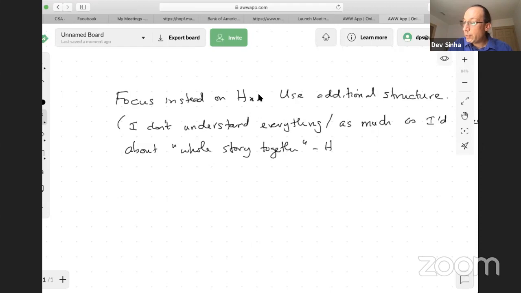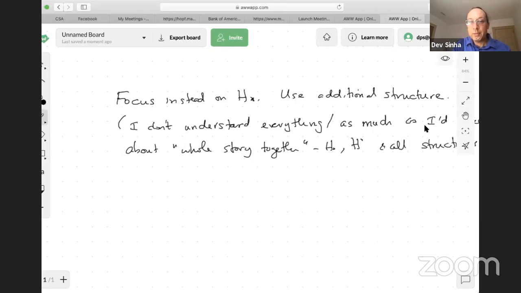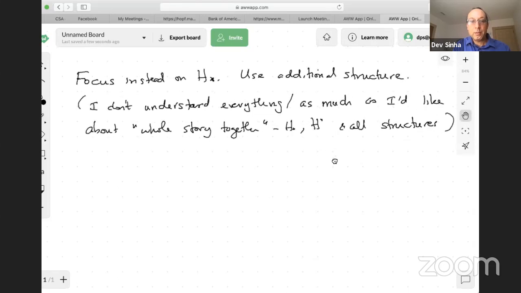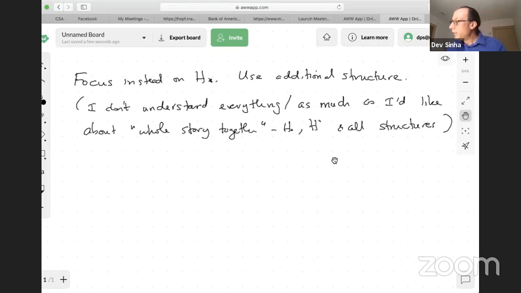That is the homology and the cohomology and all these structures. So I'm going to share some structure in homology that's not even reflected in that standard statement.